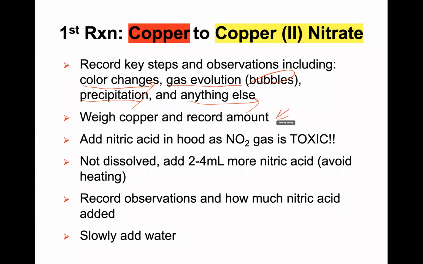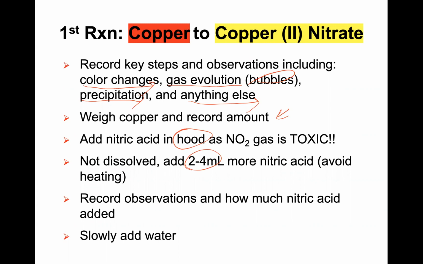Then you add the nitric acid in the fume hood. If the nitric acid added is not enough to dissolve all the copper, then you need to add roughly 2 to 4 milliliters more. Then you record the observation again and note how much nitric acid you added in total.